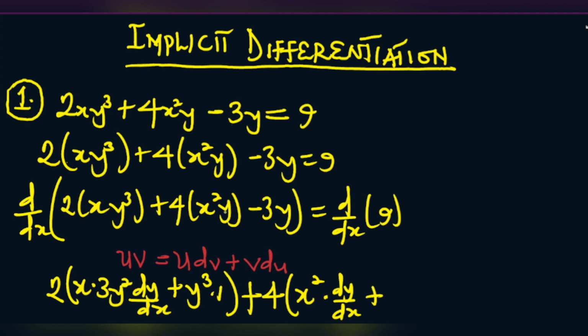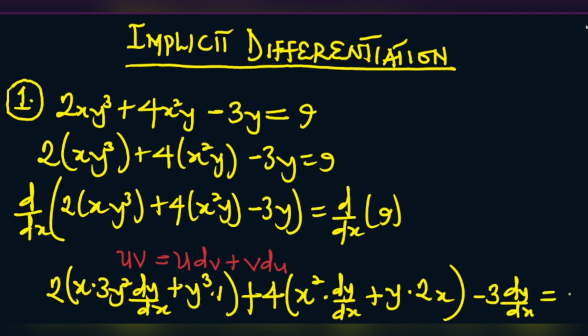Plus the other part, v du. y is taken to be our v, y times, in differentiating x squared, we would have 2x, close the bracket, minus differentiating 3y would give us 3 dy dx, equal to the right hand part here. When we differentiate 9, we're going to have 0, because whenever we differentiate a constant, we have 0.